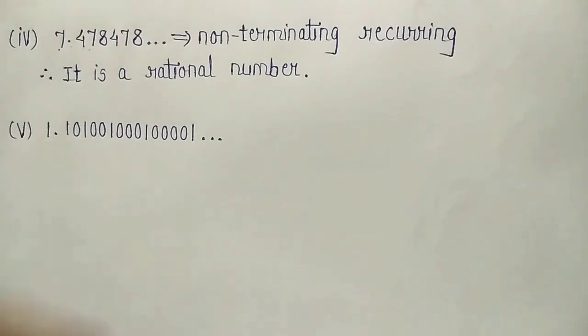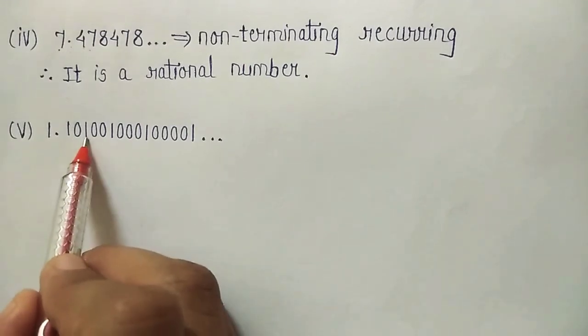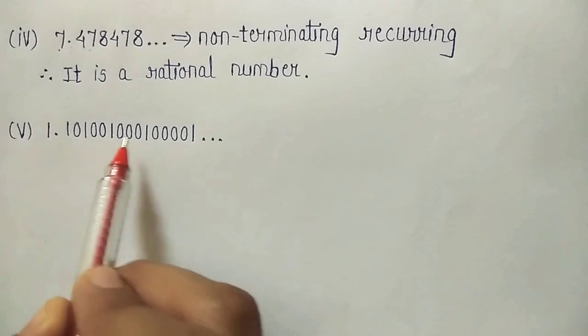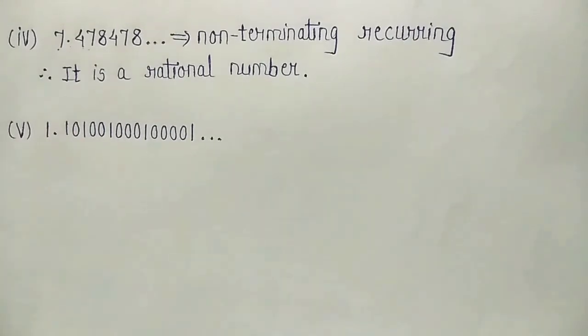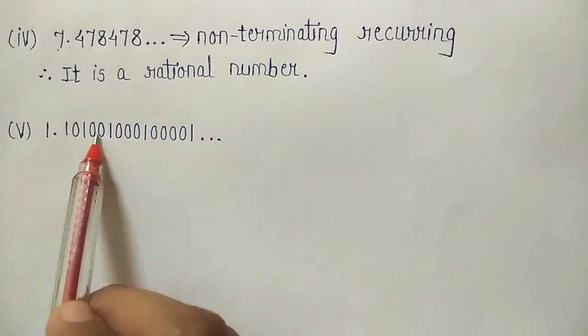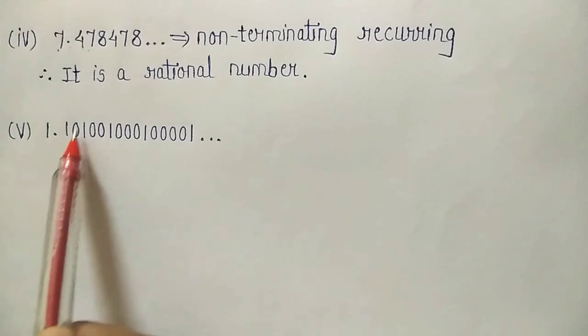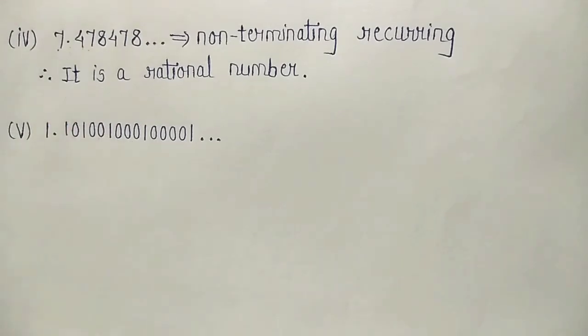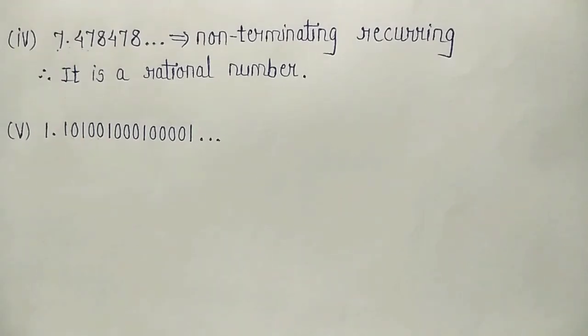We see here that this is 1 and then 1 0 we have. Here 1 and 2 zeros. 1, 3 zeros. 1, 4 zeros. Then 1, 5 zeros will come. Which means the digits are not repeating. First we had 1 0, then 2 zeros, then 3. Like this, the numbers of zeros are increasing, which means the digits are not repeating digits.